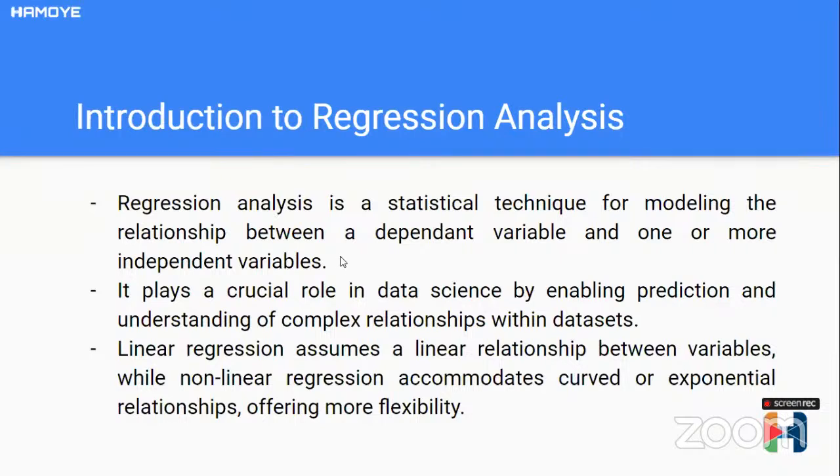So in regression analysis, we have two major variables. For a simple linear regression analysis, we have two variables. We have the variable that depends on the other variable, right? It follows a linear graph setting.